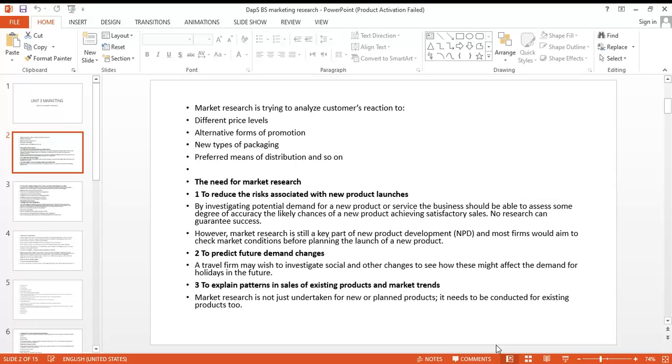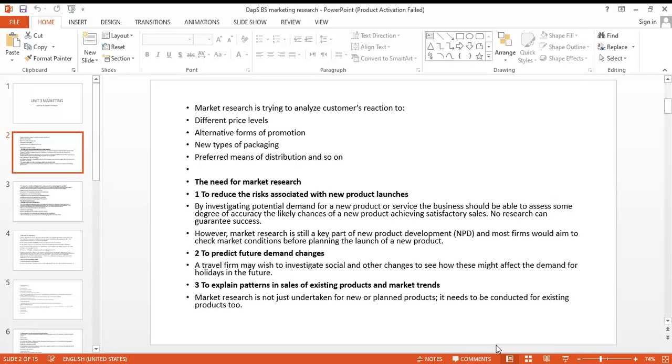Now, please do keep in mind that research is always a costly and time consuming process. However, it's still carried out, and a lot of money is allocated towards market research. So, what are the reasons for market research? Why do companies need market research?